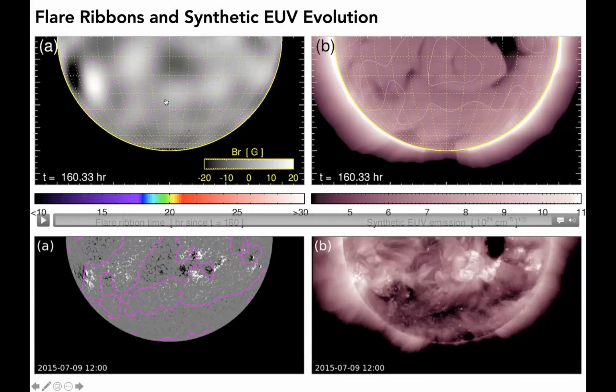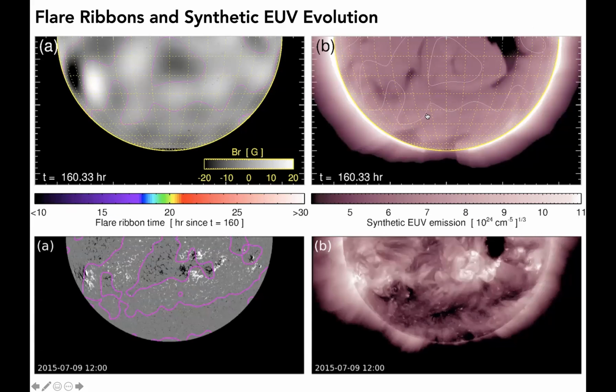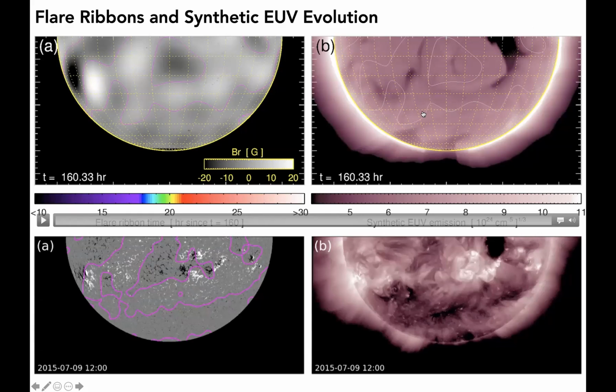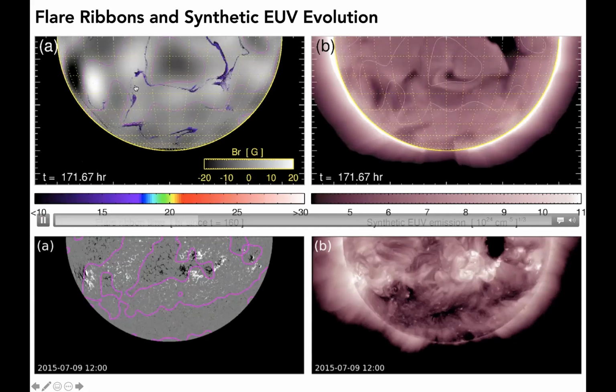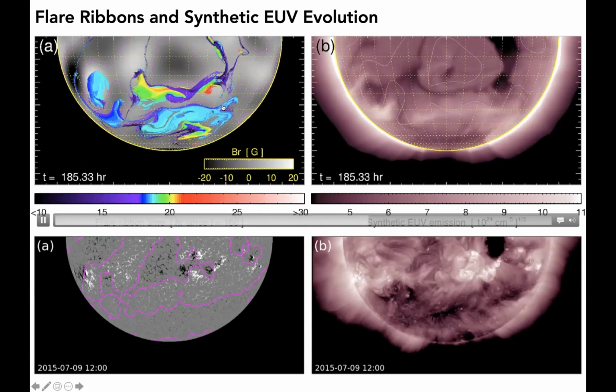On the upper left is BR from the simulation. On the upper right is synthetic EUV emission, using the same AIA color scale. You're going to see us color the pixels of reconnected field. As this progresses, you get the flare reconnection and the flare ribbon motion all along the polarity inversion line, colored in time.